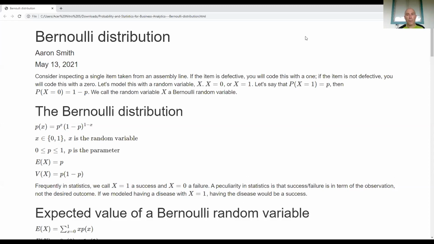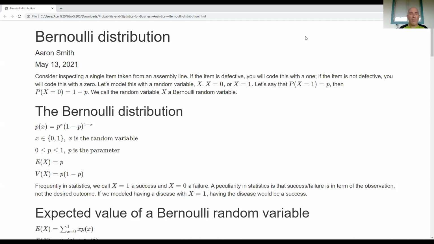So how we're going to approach this is that we're going to assume that there is some probability that we are going to get the observation that we will call success. Something that's funny about statistics is that we always call success the observation level that we are looking for.